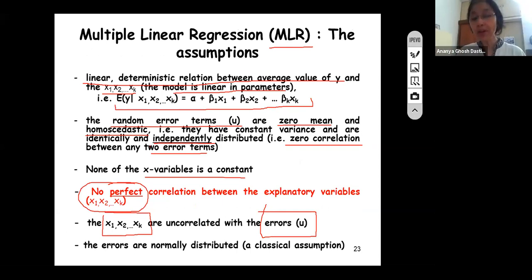There, all we are saying is no perfect correlation. What does that mean? It means don't lose sleep if the x's are correlated. ठीक है भाई, correlated है, रहने दो. There is no harm in that whatsoever. So far as the assumptions of your model are concerned, don't lose sleep.